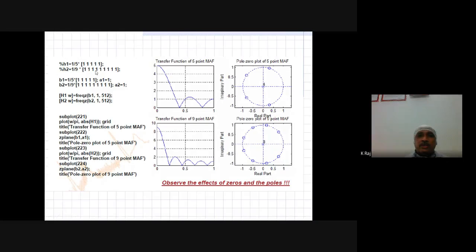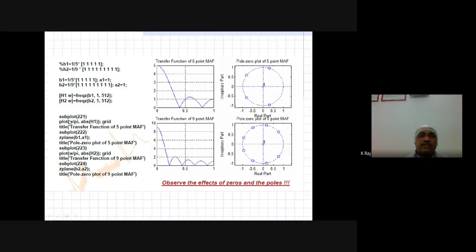We are interested in getting the amplitude response and the pole-zero plots for these filters. So we define B1 and B2, and A1 is 1 and A2 is also 1. H1 and w are defined with the help of the freqz command, and we have considered a total of 512 points.